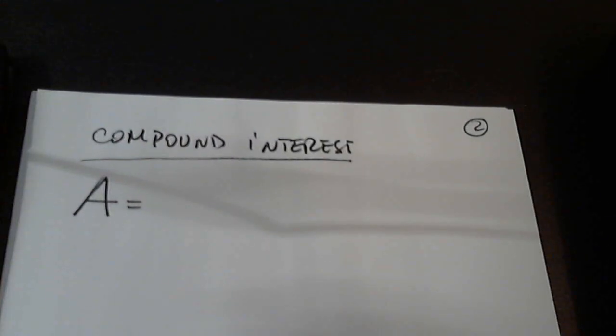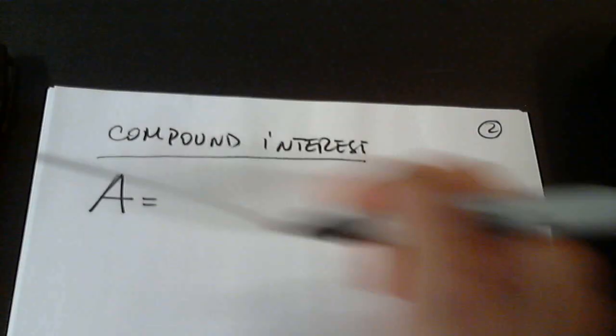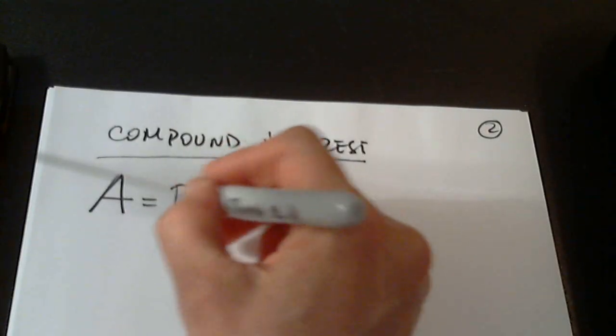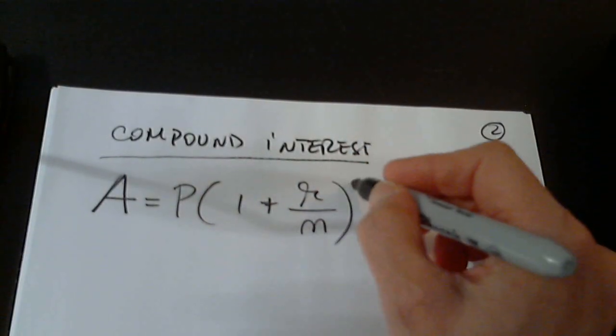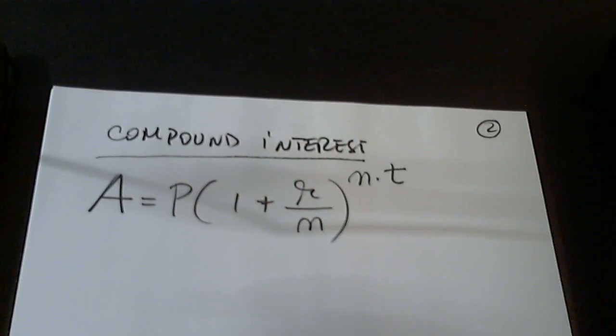So let's talk about compound interest. What does it mean? Well, the interest is recalculated. Annually means 1, weekly means 52 times a year, and so on and so forth. So the accumulated amount, I'm going to detail each and every one of the letters that I'm going to use. A equals P(1 plus r over n) raised to n times t.